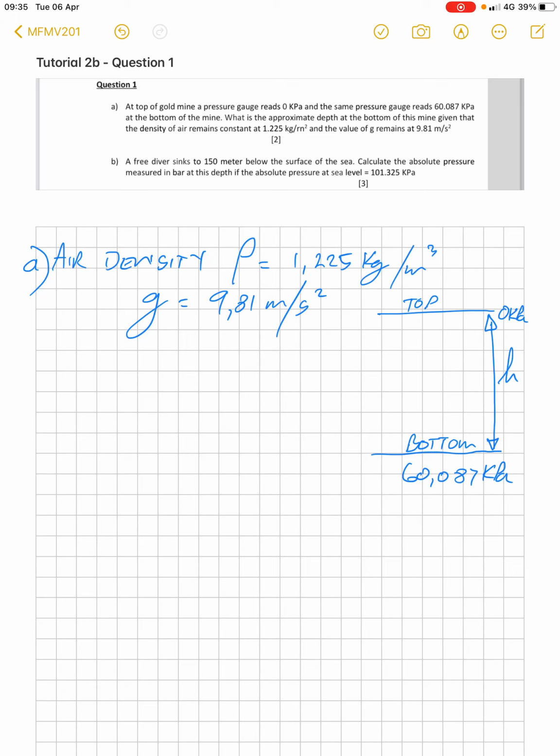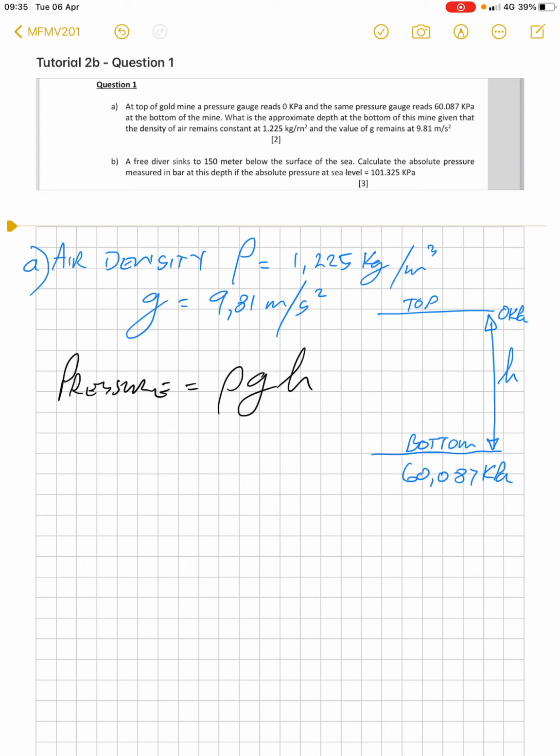So we know that pressure, when looking at the height of a column of fluid, can be calculated by taking rho g h, multiplying them together. So that is the density, gravitational acceleration, and the height of the column.